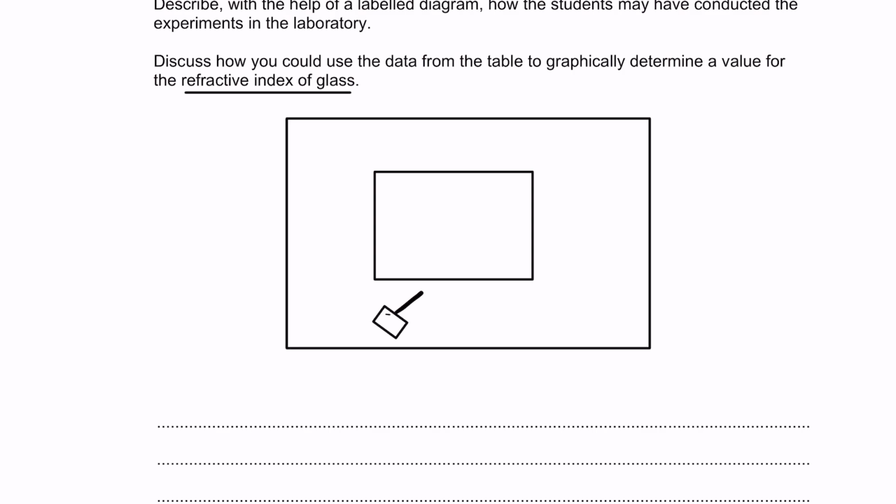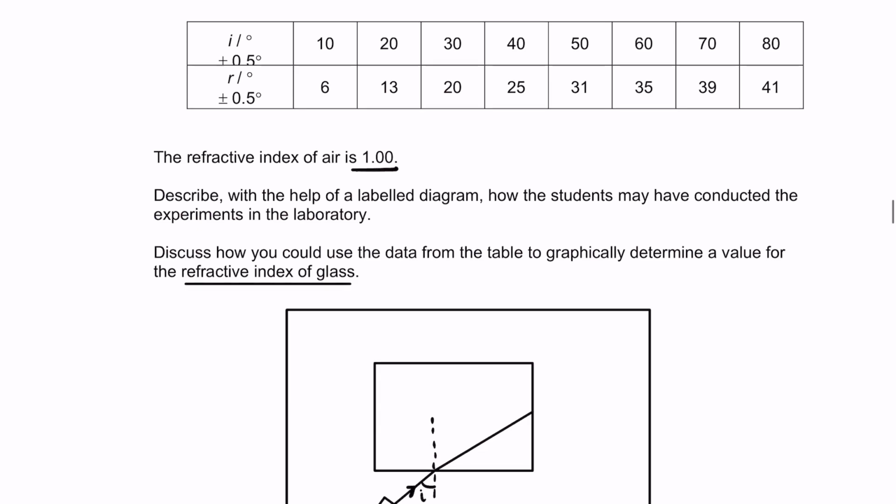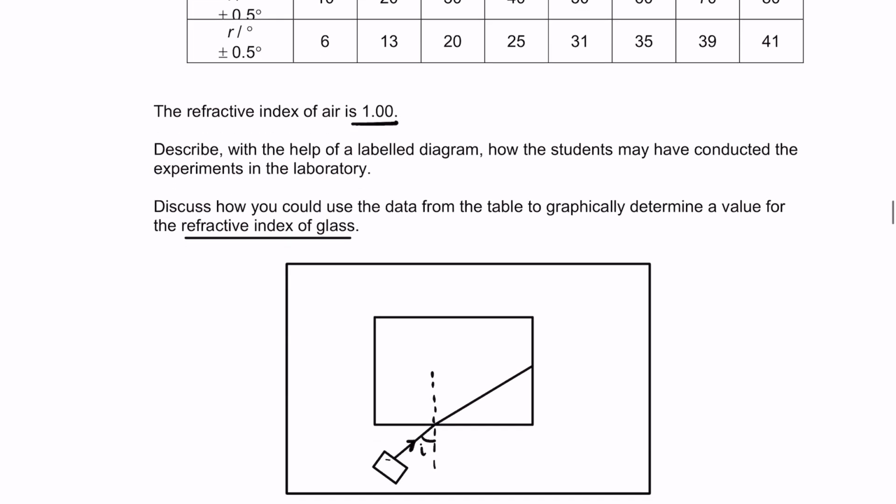So it is making a ray incident on the glass block, and we can start with an angle of 10 degrees over here, which is the angle of incidence. Then it would refract inwards, because it slows down, so the angle is smaller, yep.